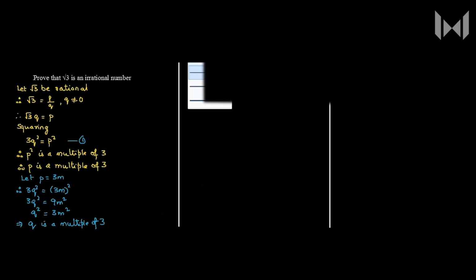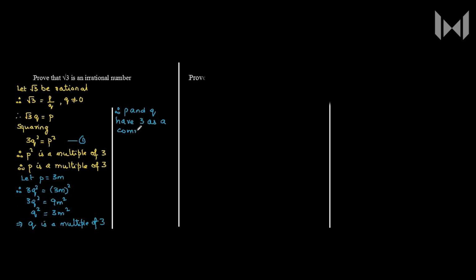Now because q is a multiple of 3, and therefore p and q have 3 as a common factor, whereas we know that p and q should have HCF as 1, and therefore p upon q is not rational, and therefore root 3 is irrational.